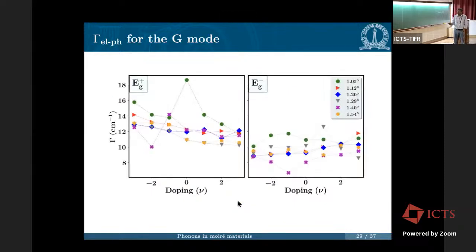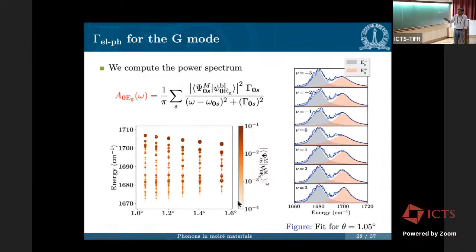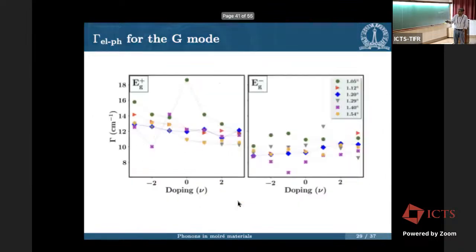When you look at the overall line widths, they go from anywhere from 16, 17 to about 10 centimeter inverse. And this is for various dopings and for different angles, near magic angle. The line width for the EG plus mode, which is the higher mode, is higher than for the EG minus mode. There are some peaks here and there, and then you start worrying about, is this a numerical artifact?